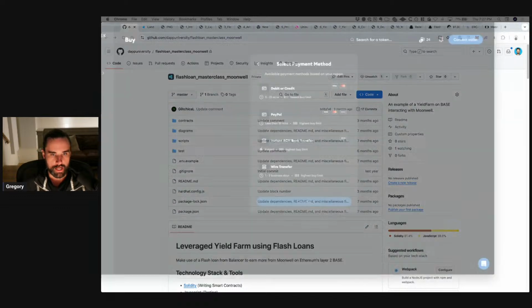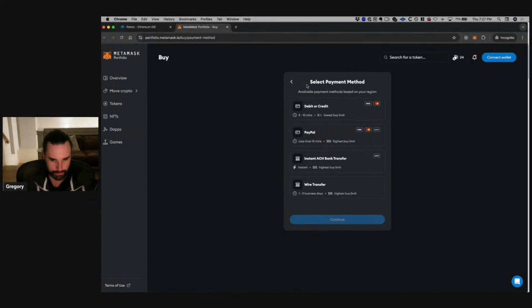You can select where you're located and you can just buy with a debit card and it will let you buy a little bit of cryptocurrency to test things out just straight in MetaMask. You don't even have to use a cryptocurrency exchange. So that's one way to do it. You can do it with debit card, PayPal, wire transfer. I would probably recommend just a debit card or credit card because you don't need to buy that much.